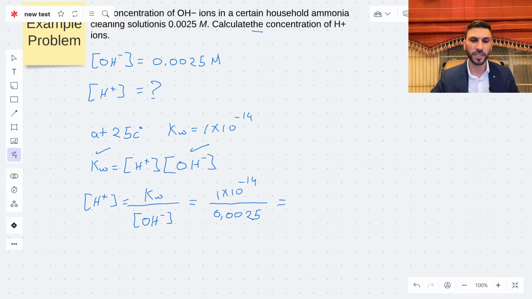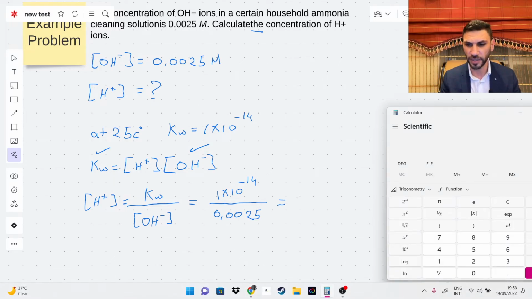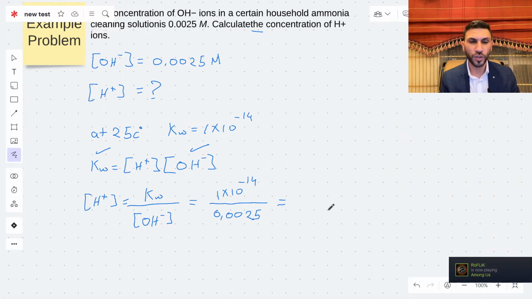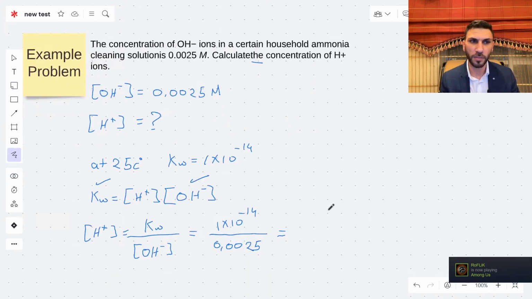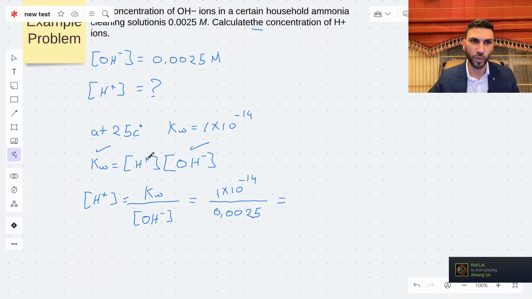Using the calculator, you're going to find it is very easy. So it's going to be a very simple equation.